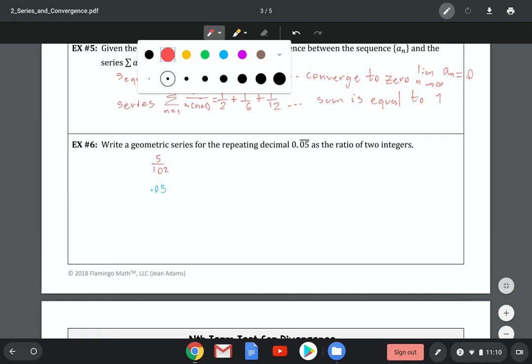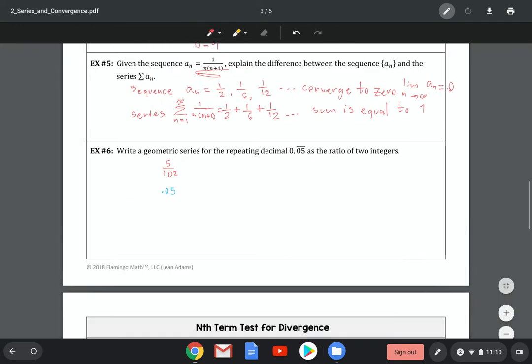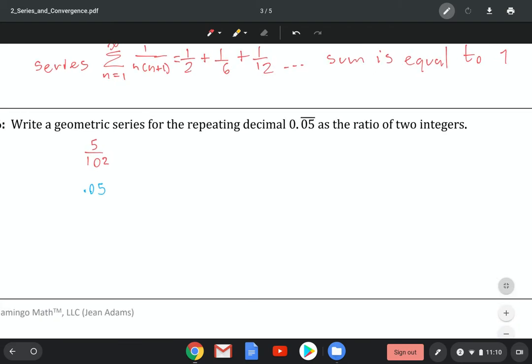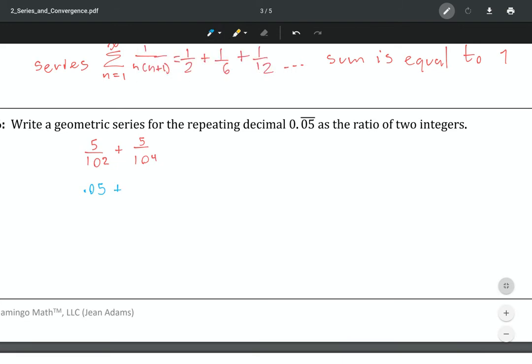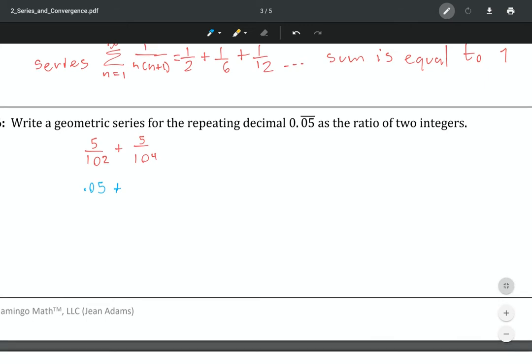Now, if I add 5 over 10 to the fourth, which is 10,000, you would actually get 0.0005. Notice that if you add those two together, I would get 0.0505.